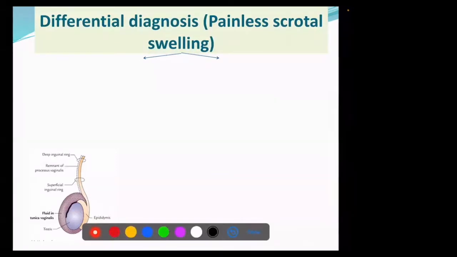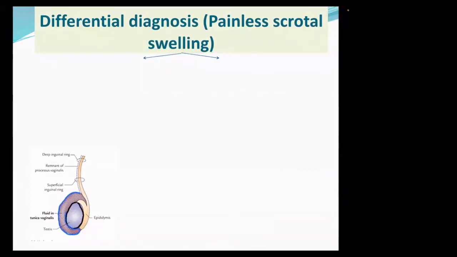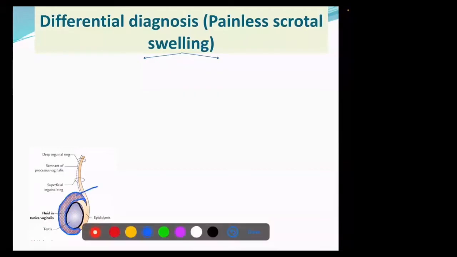This is the testis. Just outside the testis, there is a double layered structure covering the testis known as tunica vaginalis. And if fluid accumulates in this tunica, between these two layers, then it is known as hydrocele.